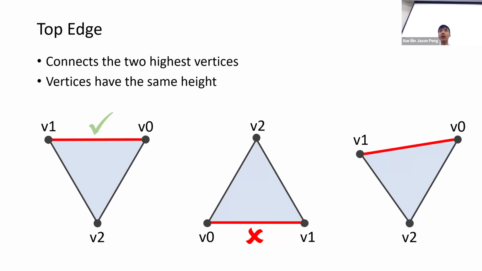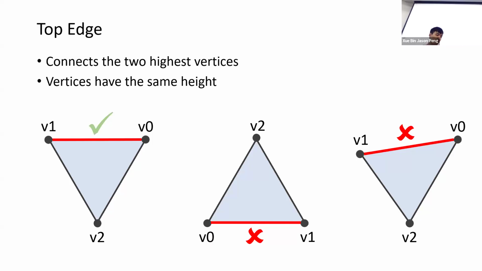The second condition says that in order for an edge to be a top edge, it has to connect the two highest vertices, and the vertices have to have the same height. In this particular triangle, V0 and V1 are still the highest vertices, but the height coordinates are slightly different. V0 is a little bit higher than V1. So even though these are the two highest vertices of our triangle, because they don't have the same height value, under the top-left rule we're going to say that this doesn't count as a top edge anymore.